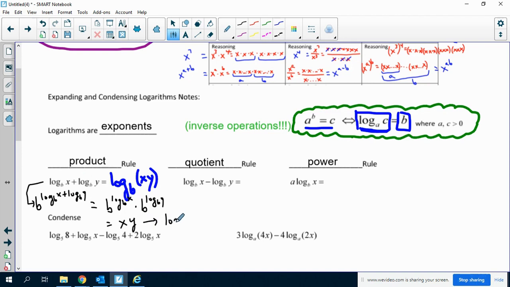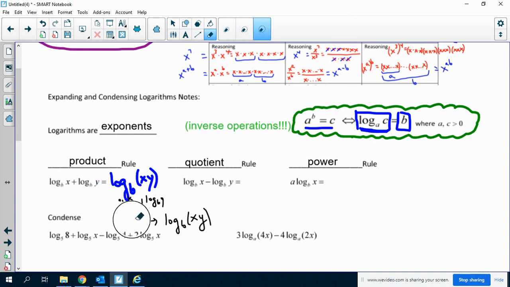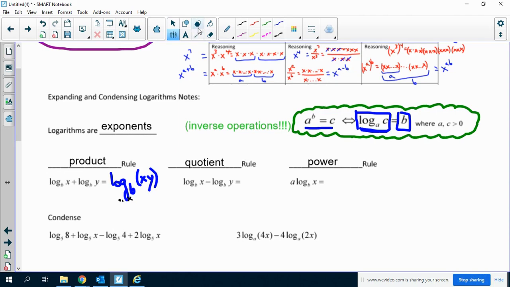So log base b of xy is identical to the original expression. So since that's true, that's kind of a mini proof of why it works. But you don't have to necessarily write it down, and I'm not going to do that proof for the rest of them. I just kind of wanted to show you that if I thought about it, it would actually work out.